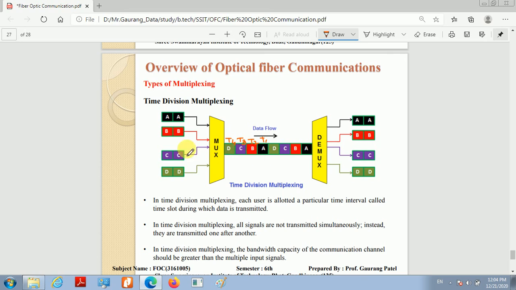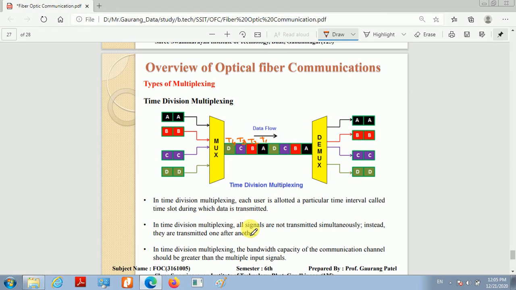Means all the transmitters or all the signals are not transmitted at the same time, but each user or transmitter is allotted a fixed time slot. In that time slot only, the user or transmitter can send the data. So in this case the users can send the data turn by turn, one by one. So in time division multiplexing, each user is allotted a particular time interval called a time slot, during which the data can be transmitted.